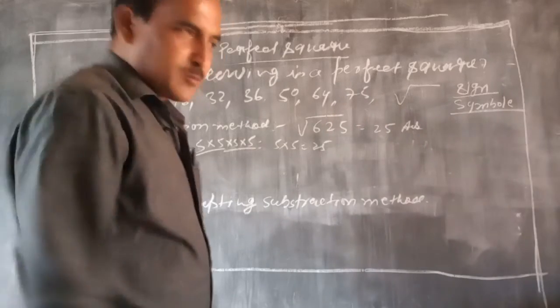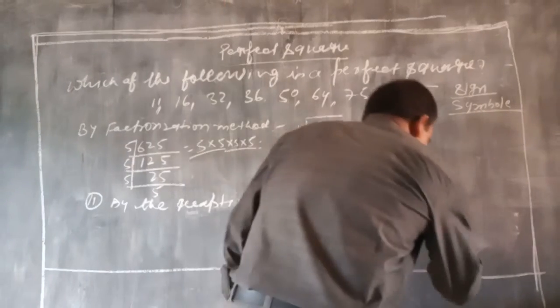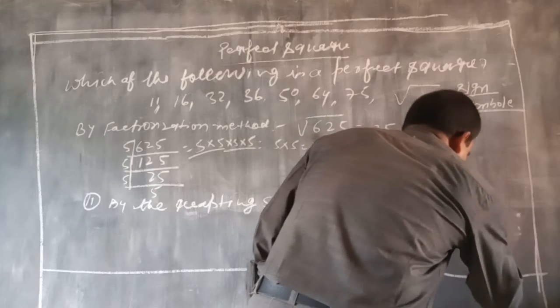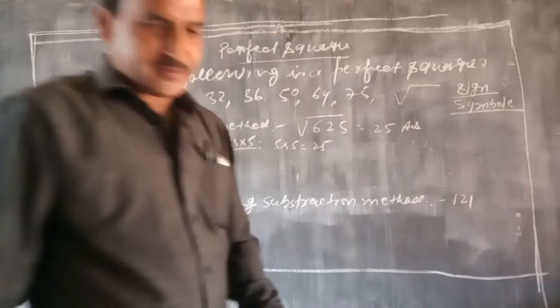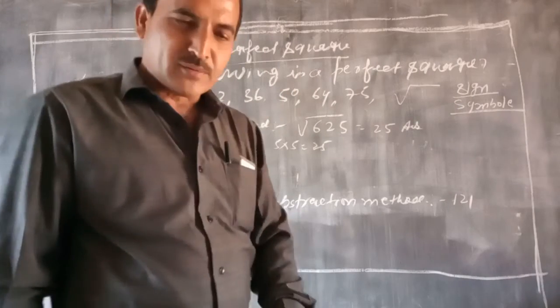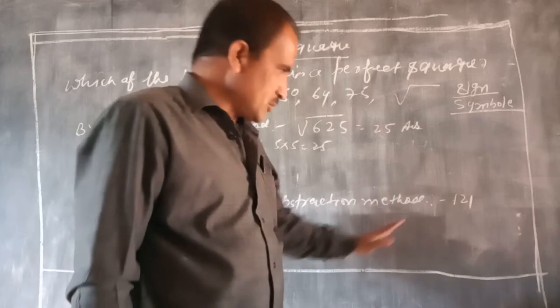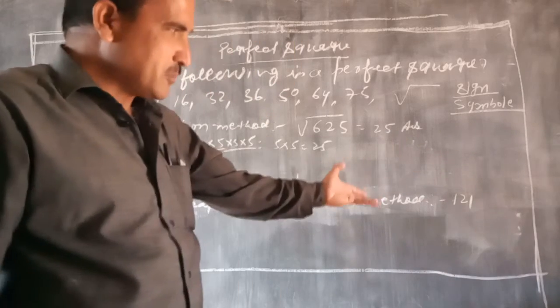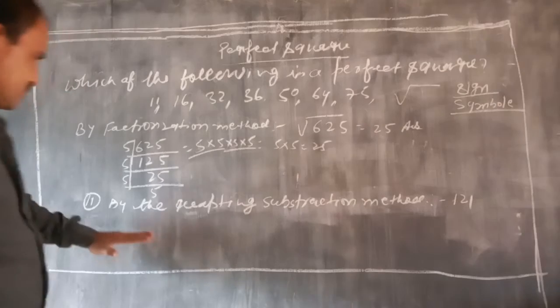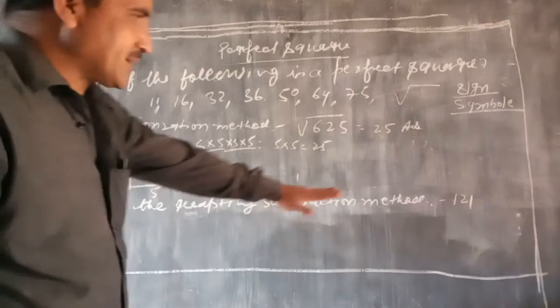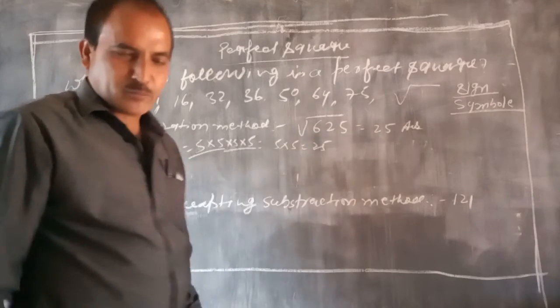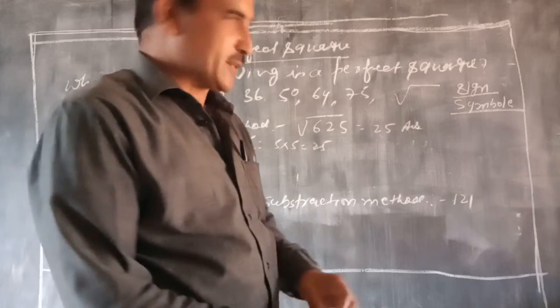So now I am going to take an example. Example: I am going to find the square root of 121 by the repeating subtraction method. How do you find it by the repeating subtraction method?